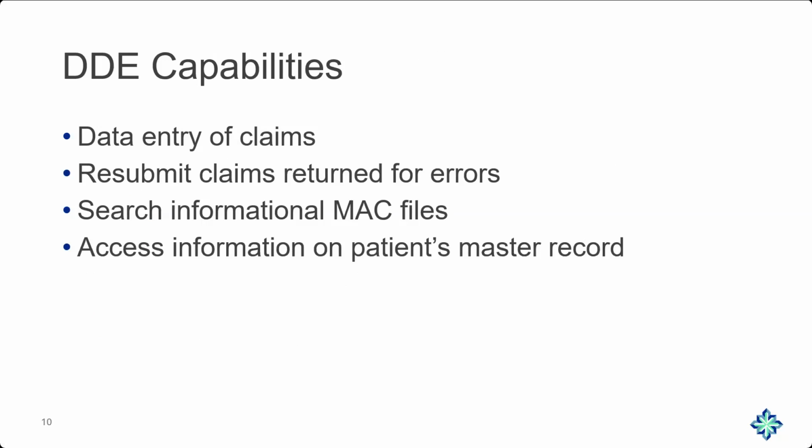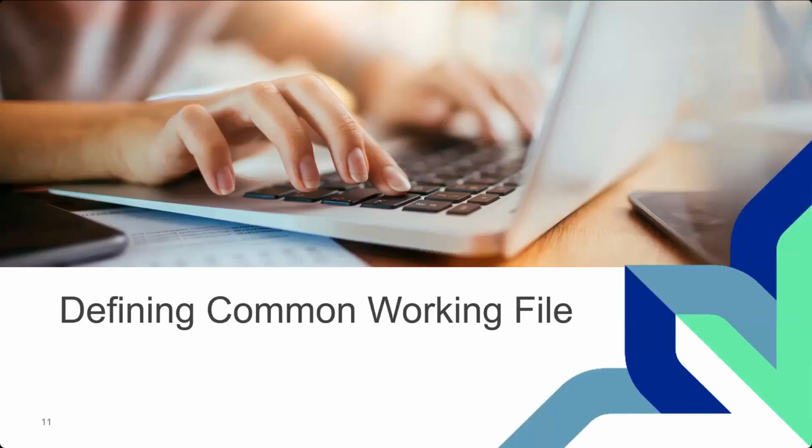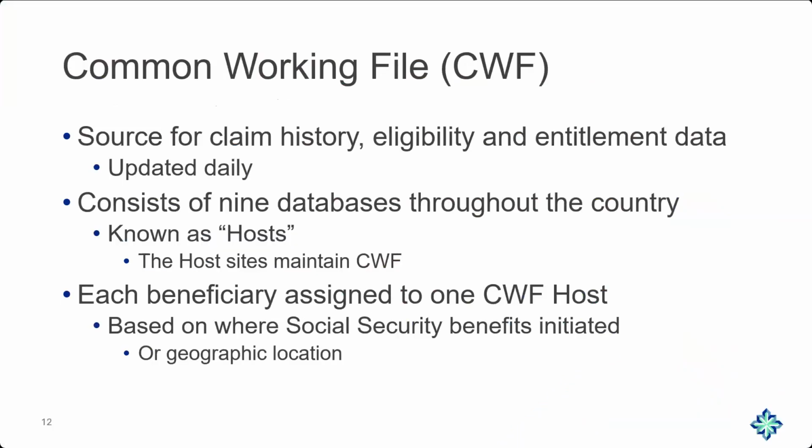And then that last bullet, and the reason that we're here today, is that you can check the beneficiary's eligibility information and their master record on what's called common working file. So that's the next thing that we're going to take a look at and define. And we're going to do that before we go into the details of what information is actually available.